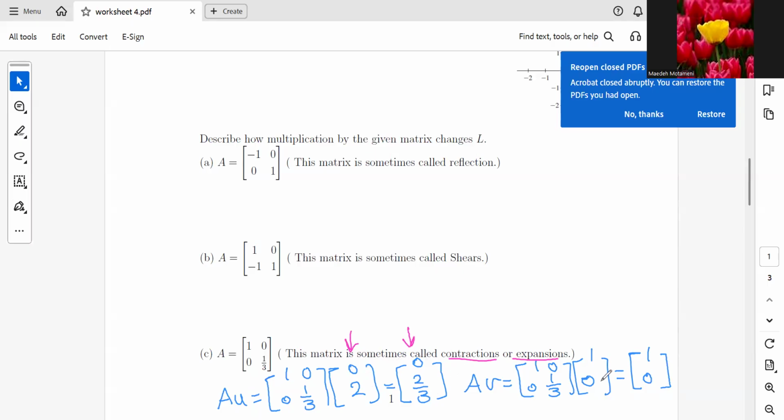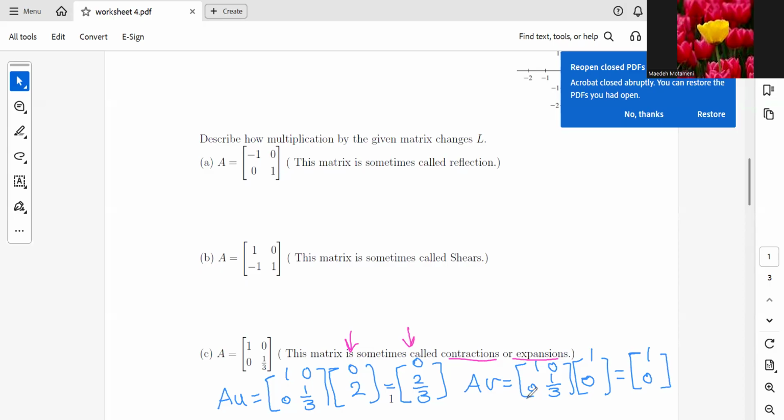And for the second one, we can say so because 1 doesn't change, but 0 can be divided by 3 and we would get 0. So in here, x component remains the same and y component will be divided by 3. Actually, it will be decreased. So the factor for this will be 1 over 3 and this would be a contraction.